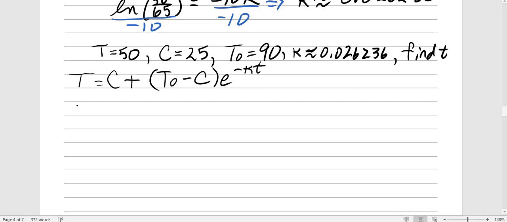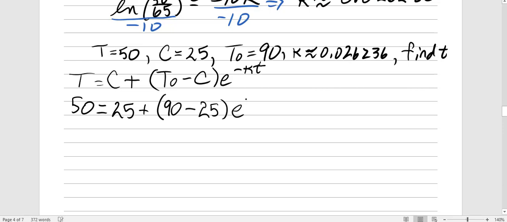That's the temperature we're going to cool down to. The surrounding air temperature is 25. The initial temperature is the 90. Again, the surrounding air temperature is 25. E to the minus 0.026236 T. And we're trying to find T.